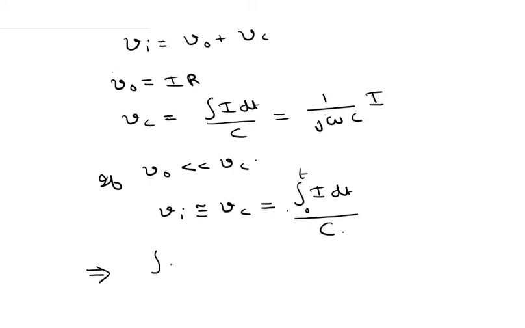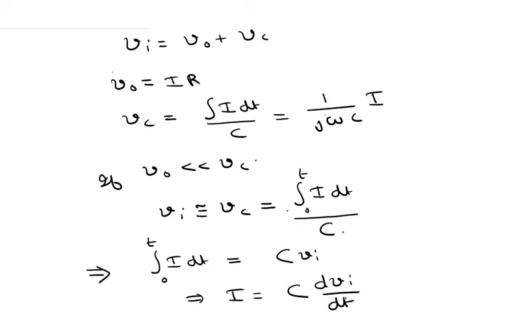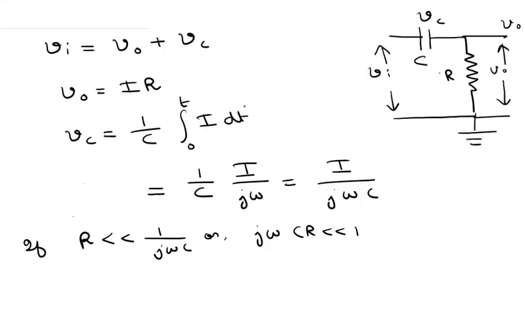The integral of I dt from 0 to t is equal to C times Vi, and hence I is basically C dVi/dt. So this is the current that flows through the circuit. This is the approximate equation for the current flowing in this path.